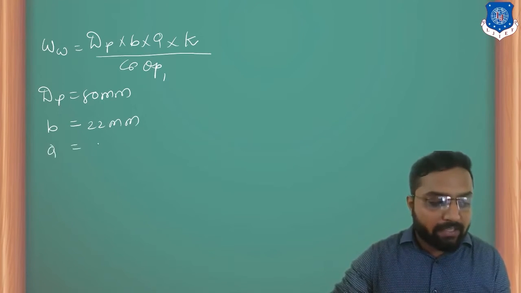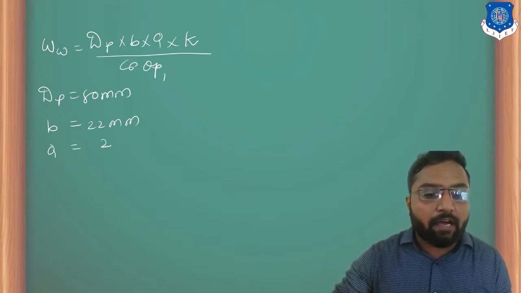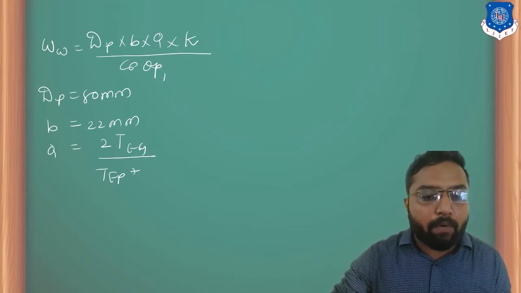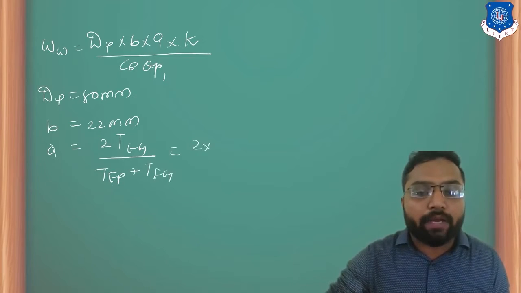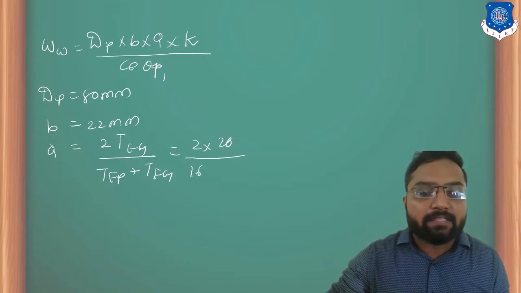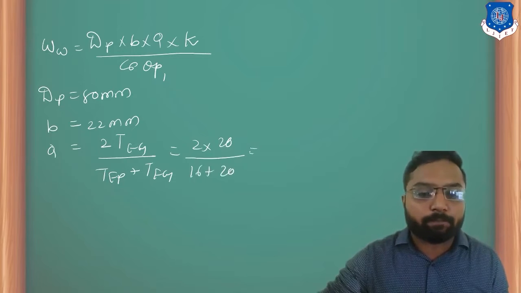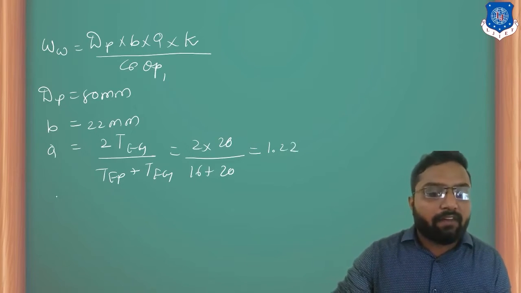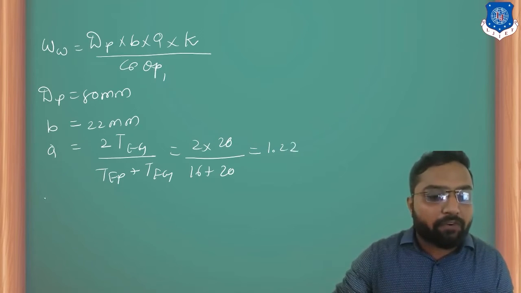Q is nothing but the ratio of its teeth, that is, 2 into TG divided by TP plus TG, which is 2 into 20 divided by 16 plus 20, which will be 1.22.